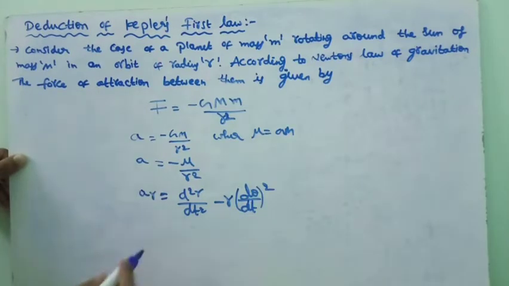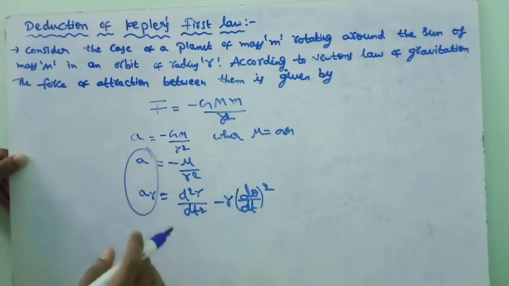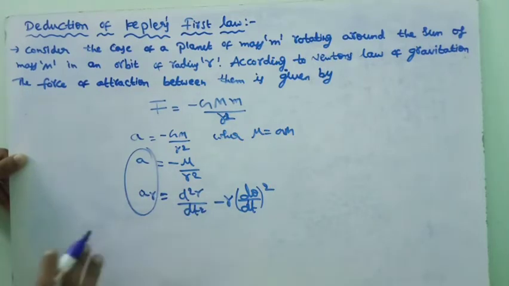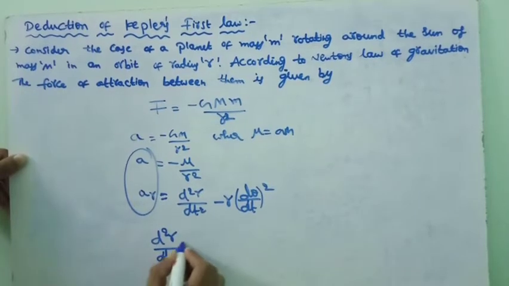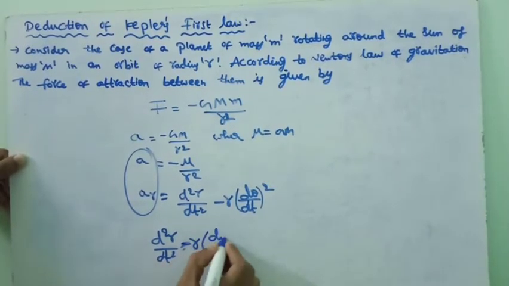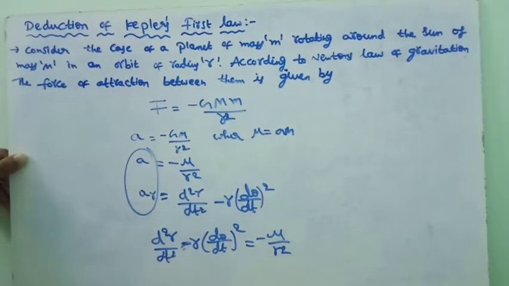This is the radial acceleration, and this is the acceleration of the planet, so both are the same. We equate these two terms and get d square r by dt square minus r into (d theta by dt) whole square is equal to minus mu by r square.